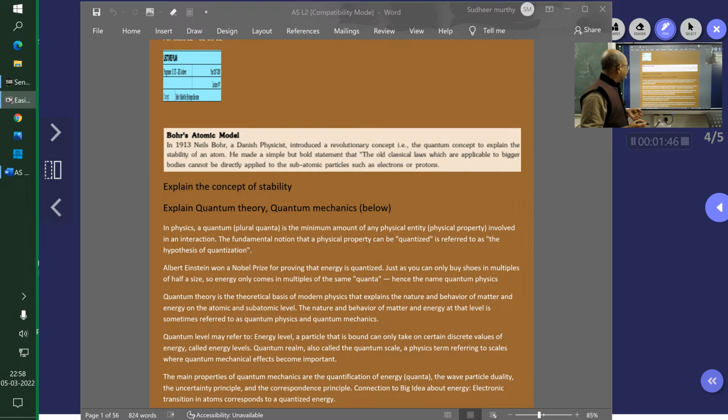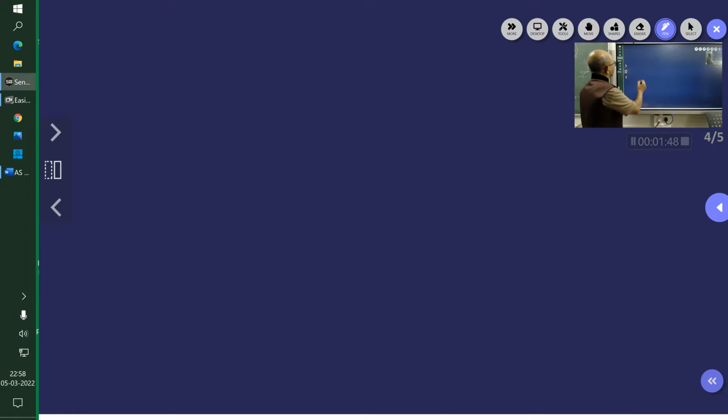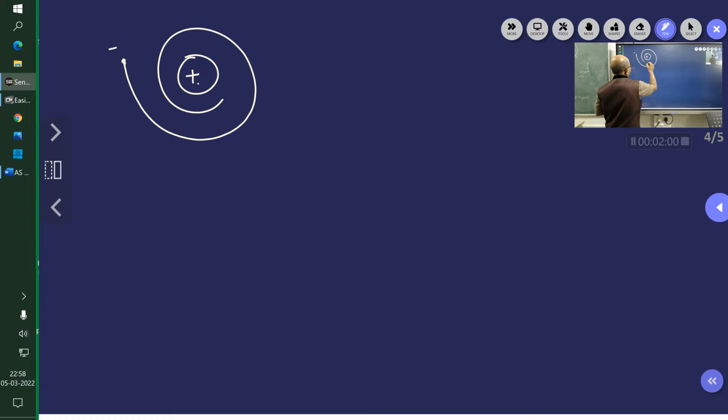You recollect the diagram: that is the nucleus, which has a positive charge, and a negatively charged electron, and if it is in motion, it is going to spiral and fall into the nucleus. We have discussed this aspect, and this is what they say: the system is unstable.